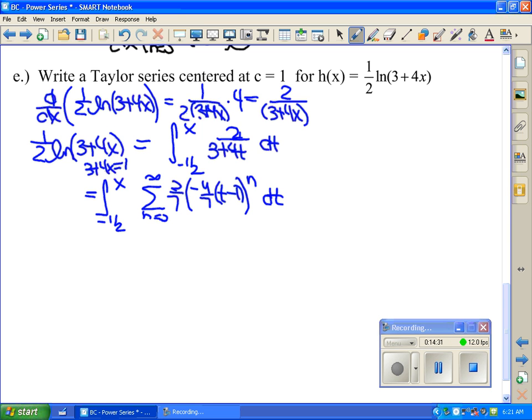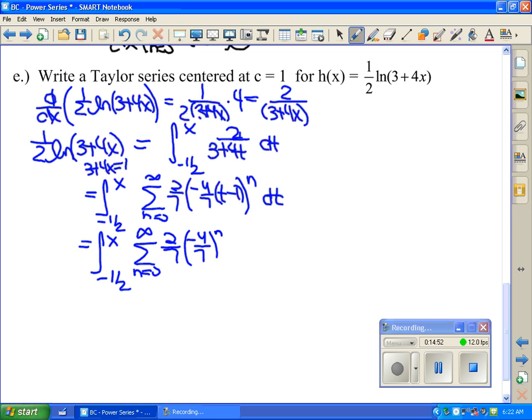And I'm going to integrate this with respect to t. I usually try to simplify the integrand before I start integrating. That way I don't make a mistake or have to worry about too much u substitution as I put it together. So I'm going to rewrite this as, from negative 1/2 to x, the series n equals 0 to infinity, 2/7 I'll leave there.